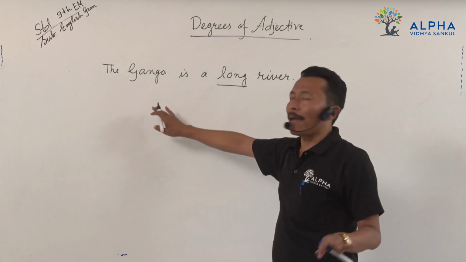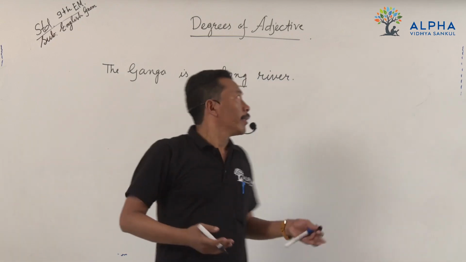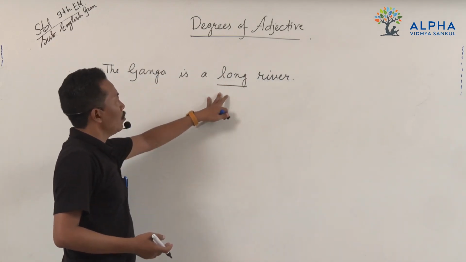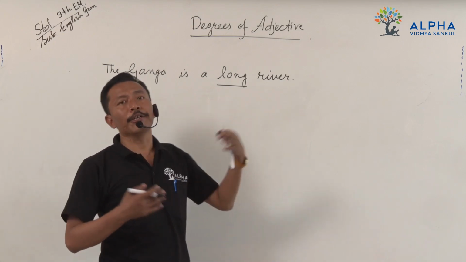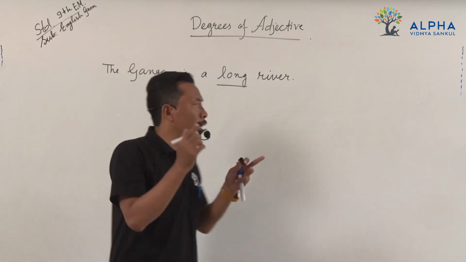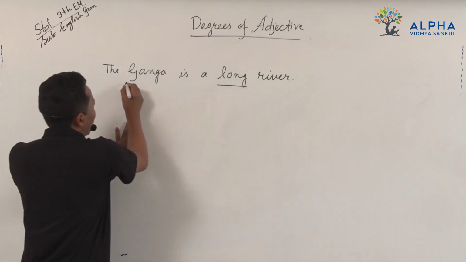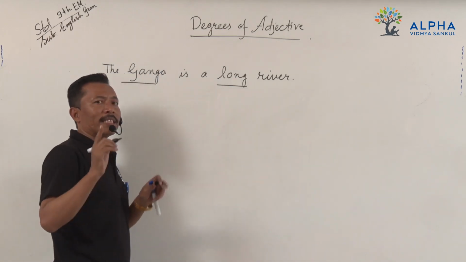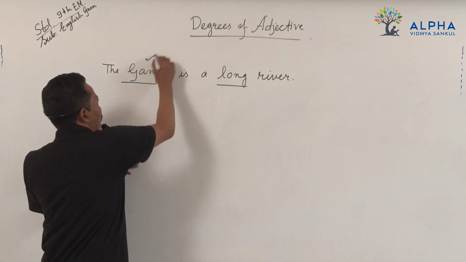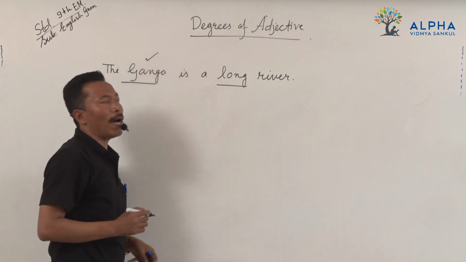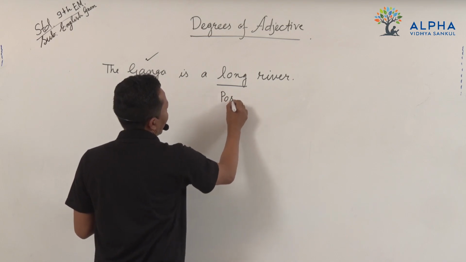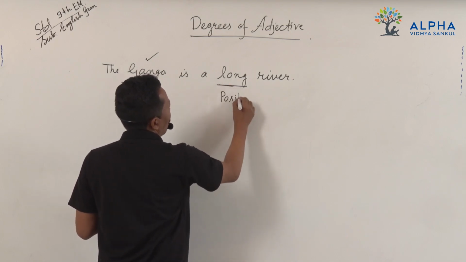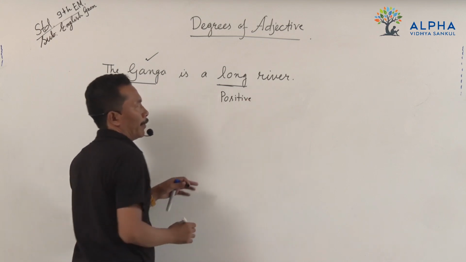Only we describe how long, and we say it is long, but we do not take another river. So here we do not compare, and we only describe the Ganga river. This is called what? Positive. This degree is called positive degree.